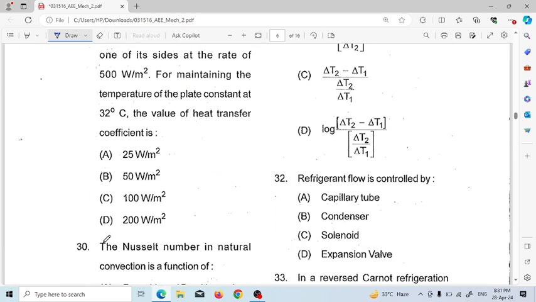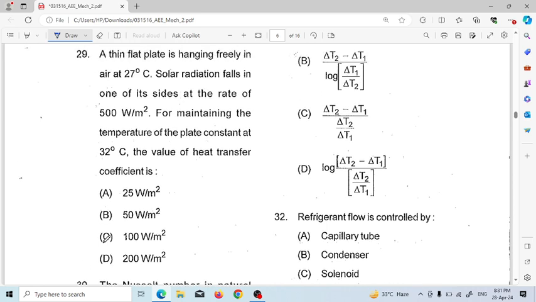Next question number 29. A thin plate is hanging freely in air at 27 degrees centigrade. Solar radiation falls on one side. The rate of heat transfer is 500 watt per meter square. For maintaining the temperature of the plate constant at 32 degrees centigrade, the value of heat transfer coefficient is.